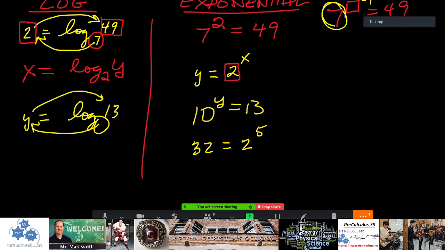And again, over here, whichever one you want to write first. The exponent's what we're looking for. That's 5. Log, the base is 2, and then 32 goes in the only available spot. So that's how you go back and forth. Does that help? Yeah. Is that what you're looking for? Yeah. Okay, thank you. You bet.